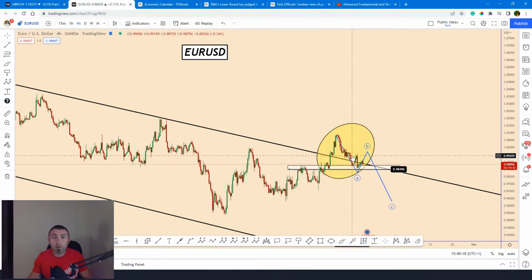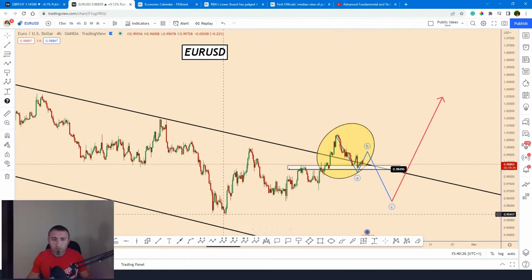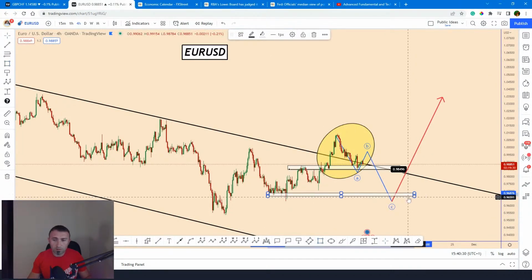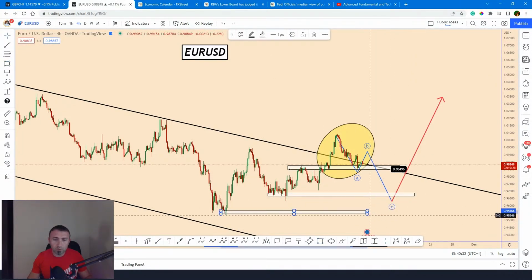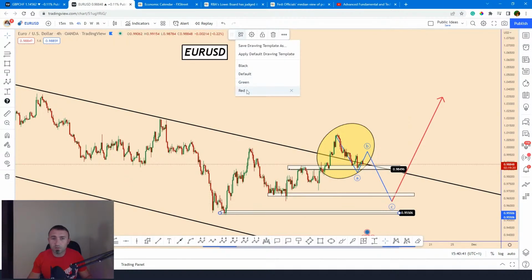So that is why we need to be careful, and after that we have to look for any bullish reaction again. Also, the lower zone is showing that the price was stopped close to 0.9550, so this is a zone that was tested only once.